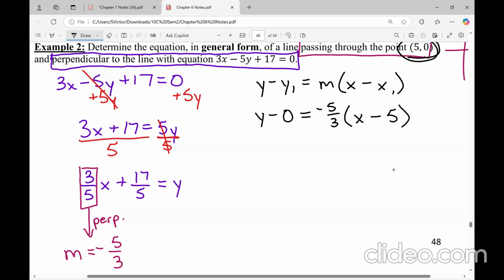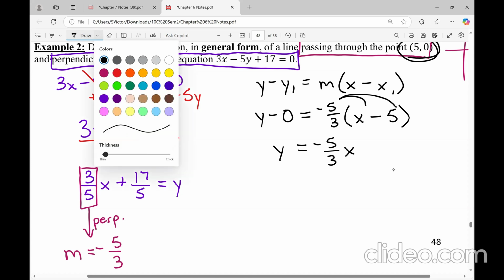Okay, let's tidy this up a bit. So on the left, y minus 0. Does subtracting 0 actually do anything? It doesn't do anything. So we can just write it as y then, right? And then remember, general form, we don't want brackets. So we're going to have to multiply this -5/3 in the brackets. So -5/3 times x is just -5/3x. -5/3 times -5.